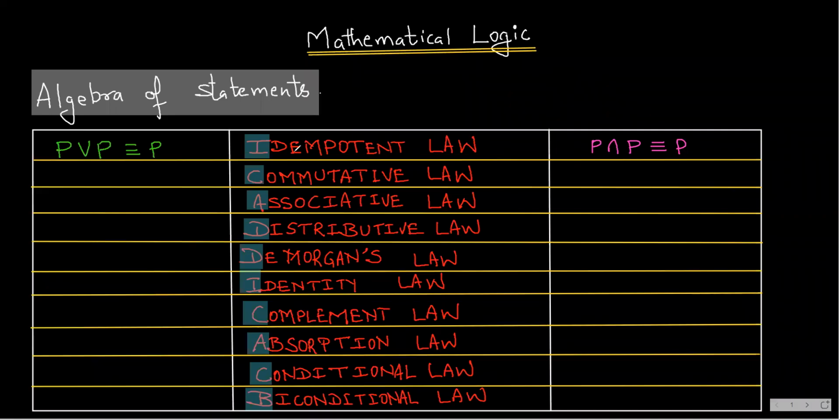So in short, idempotent law is a kind of operation where when you apply it on a particular element with itself, the result is the element itself.